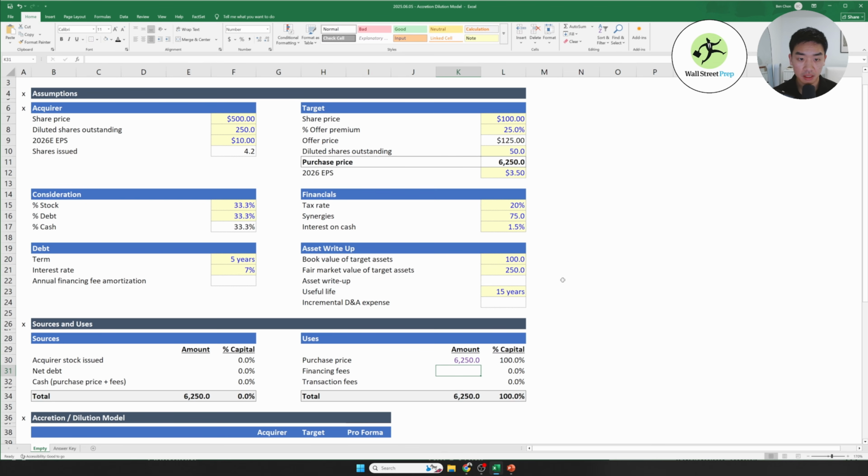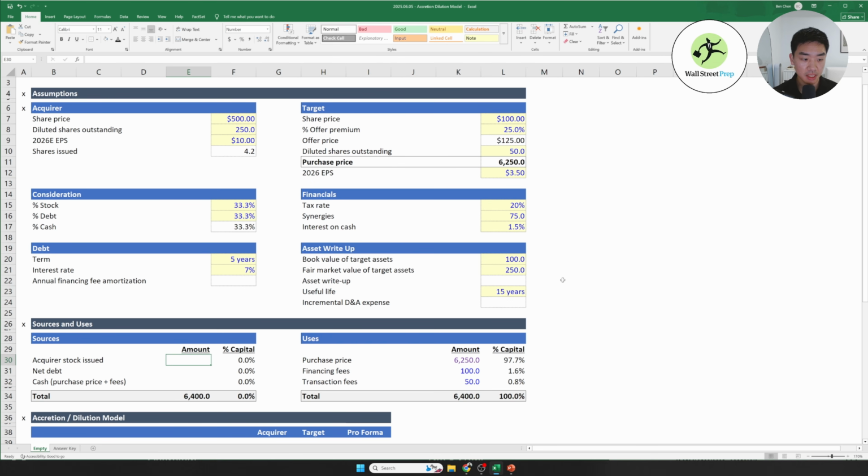Financing fees actually need to come up with on our own and make it an assumption. So I'm going to put 100 here in financing fees and then 75 in transaction fees. Let's call this 50 actually. So these are assumptions that, again, for financing fees, when you are purchasing debt, and then transaction fees, legal fees, like all that stuff. And then acquire stock issued.